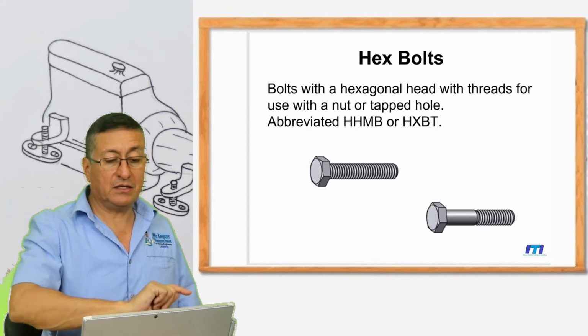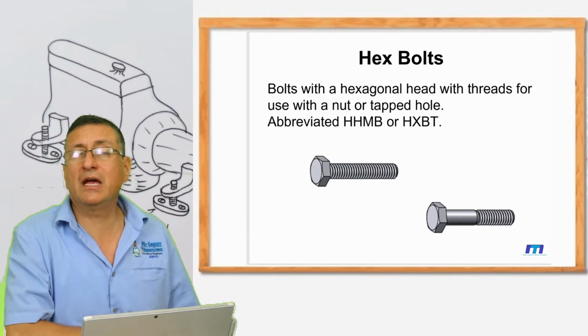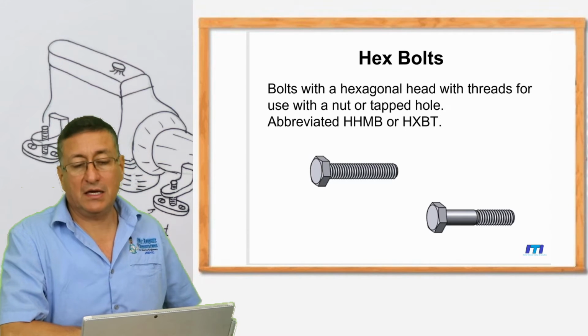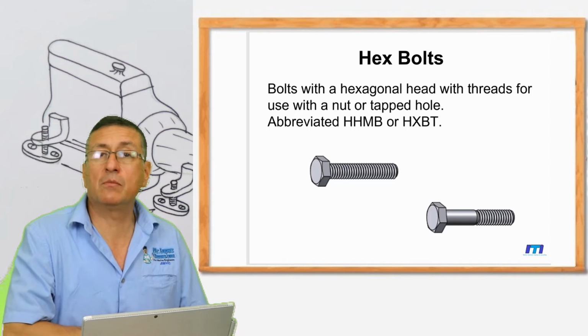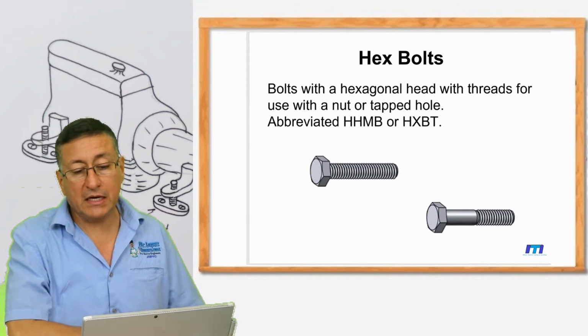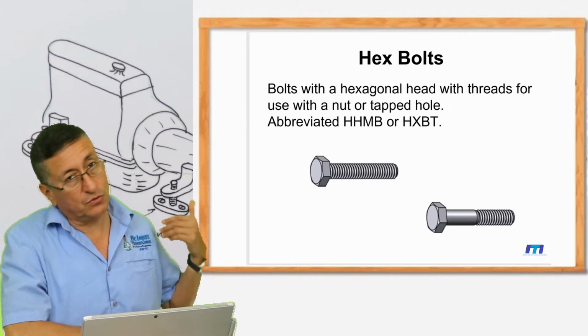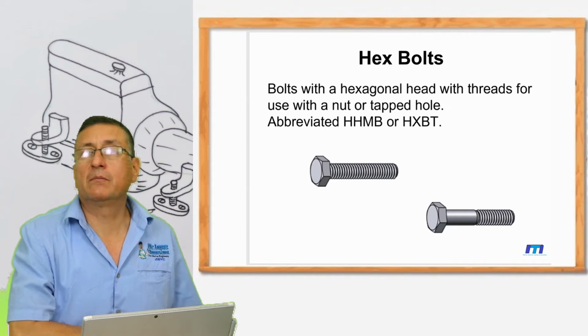Okay, and this is the typical bolts that we are going to use in different applications on engines, transmissions, the hex bolts or hexagonal bolts. It's because the head is hexagonal, and those bolts are widely used in marine applications. We are going to use a lot of those bolts, marine grade.